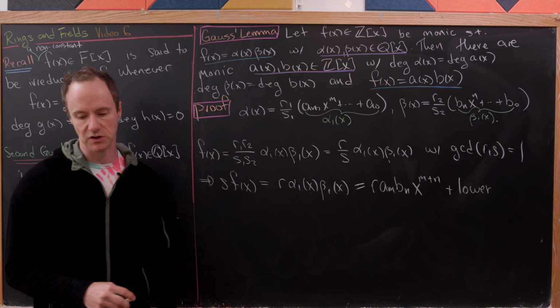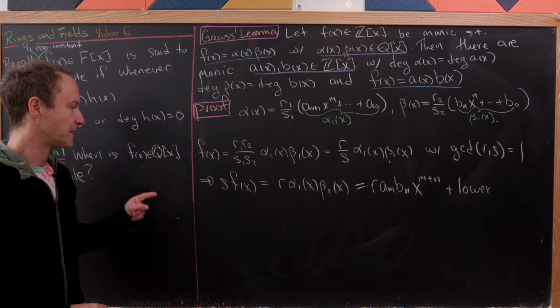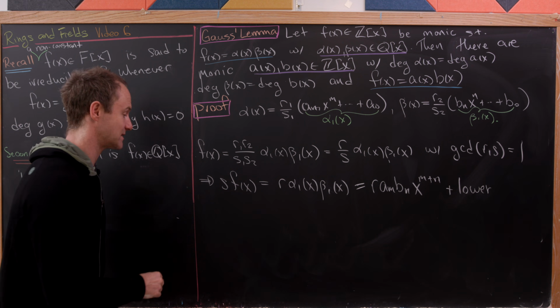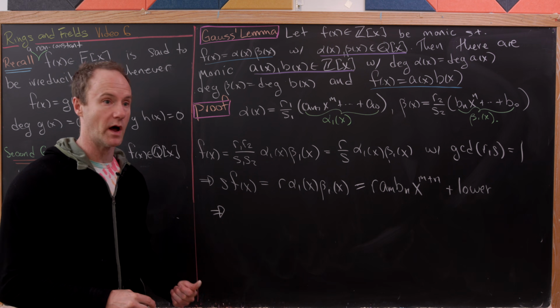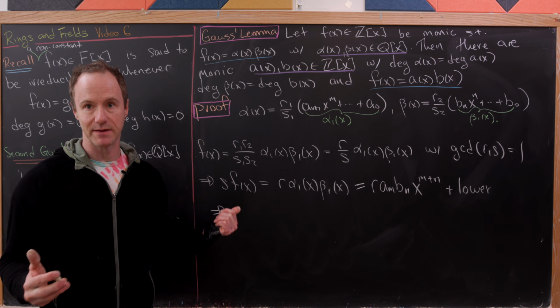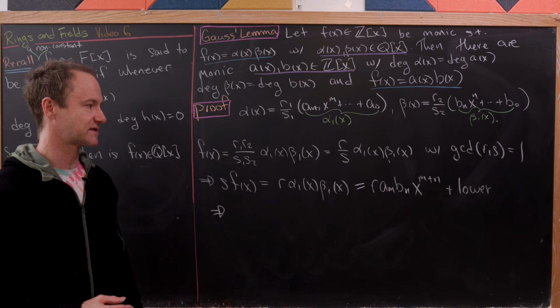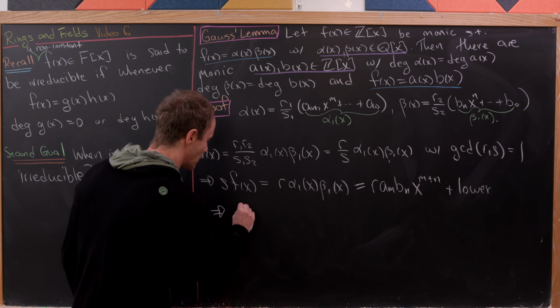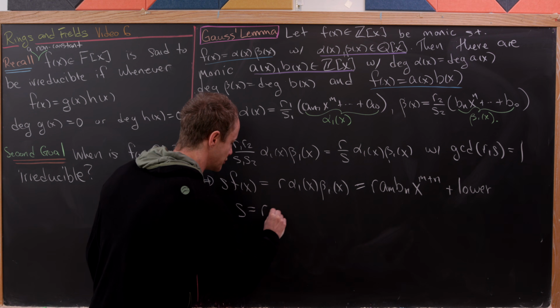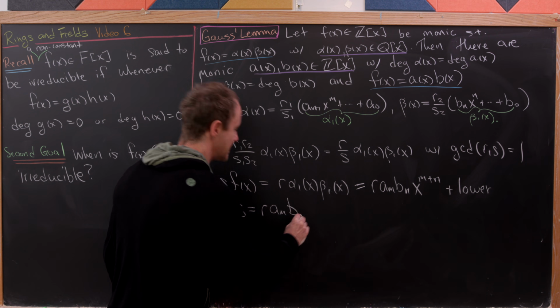It doesn't really matter what those lower order terms are at the moment. Now we know f of x is monic. That means the leading coefficient in f of x is 1. But after multiplying it by s, the leading coefficient in s times f of x is s. Taking out the leading coefficients, that means that s is equal to r times a_m times b_n.